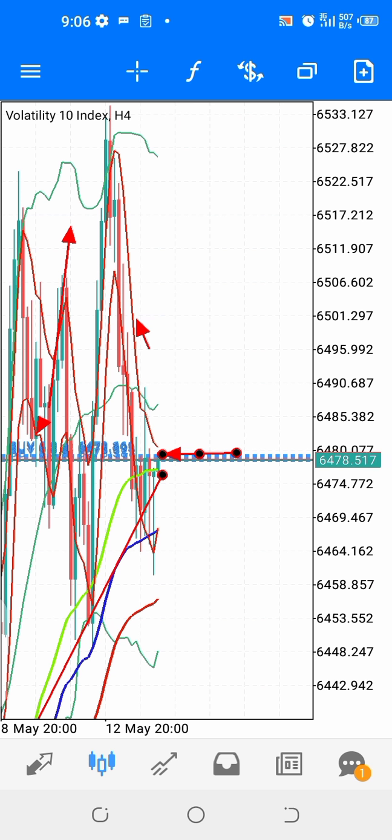I'm just waiting for my computer to load, because it's going to be smart. All I need to do is shift a line to the level where I want my stop loss to be, and shift another line to the level where I want my TP to be, and it's just going to work like that.